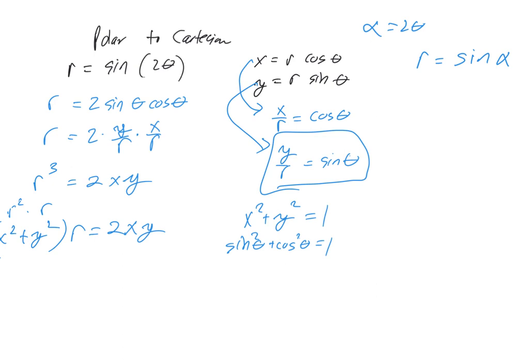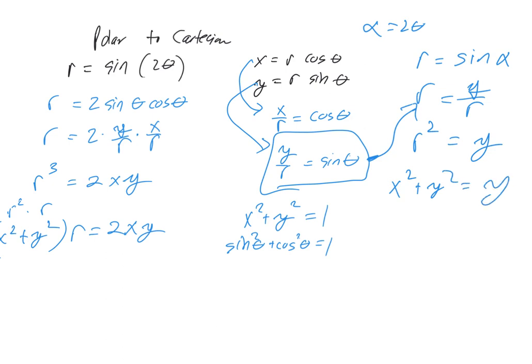For that to be the case, if we used this value here for sine and moved it up and replaced sine theta, calling this instead y over r equals r, I'd then have r squared equals y, and it would be x squared plus y squared equals y.